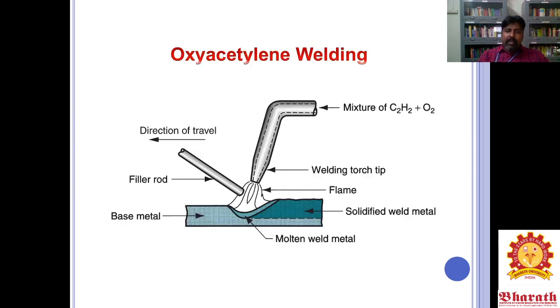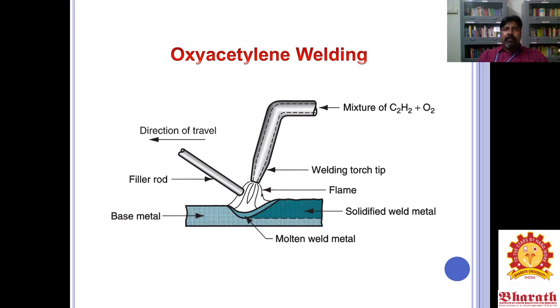Now come to the schematic diagram of the oxy-acetylene flame. Not only oxy-acetylene, we have other alternatives like oxy-hydrogen welding and air-hydrogen welding, but we prefer oxy-acetylene welding because it is very cheap and easily available.